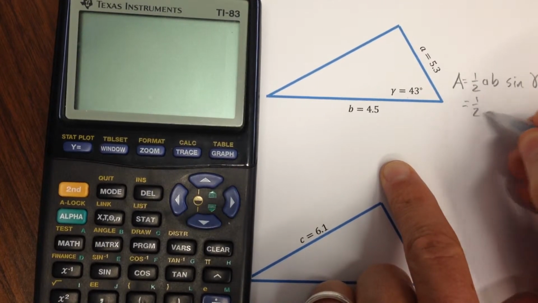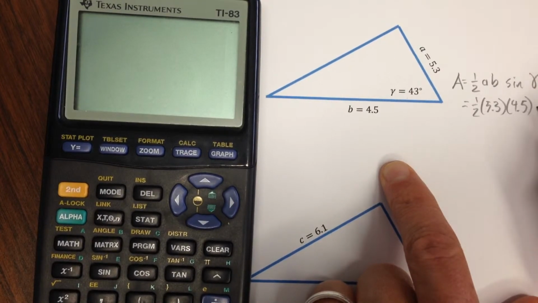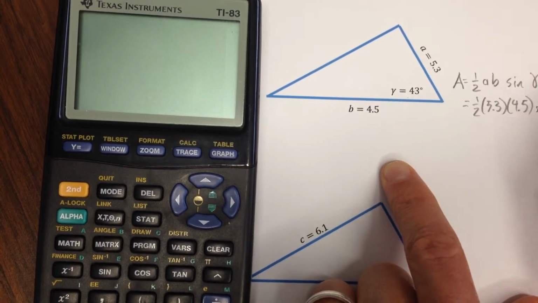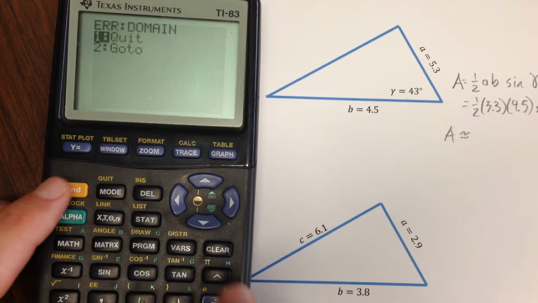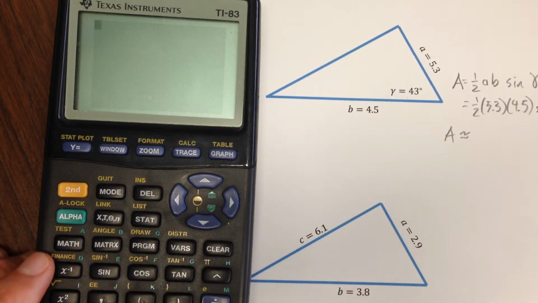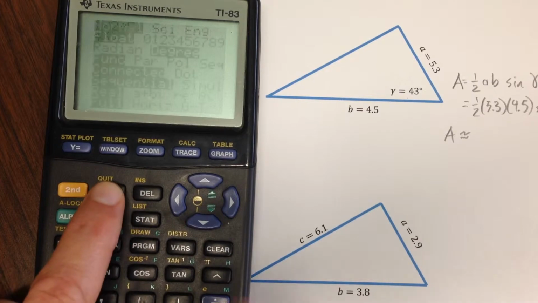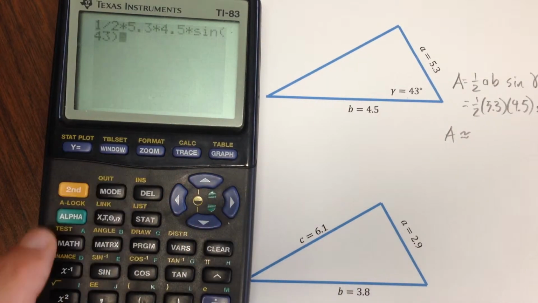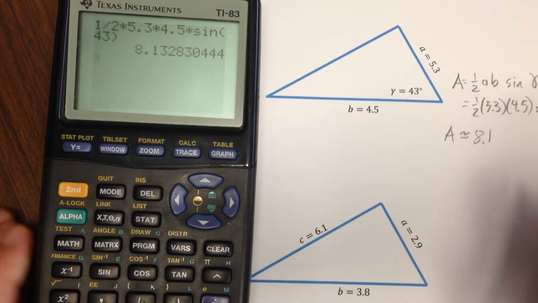So the area equals 1/2 times 5.3 times 4.5 times the sine of 43. Now you just want to double check that in mode your calculator is in degrees. Then sine will give you the right value. And the area is approximately 8.1.